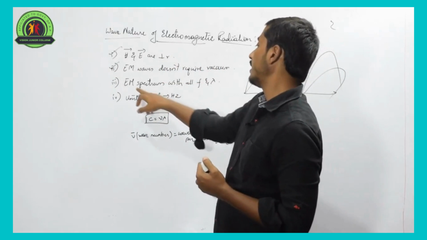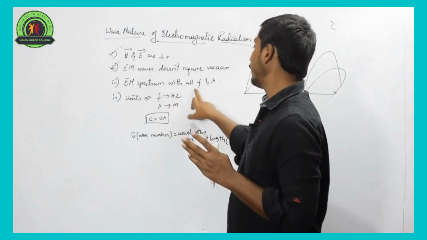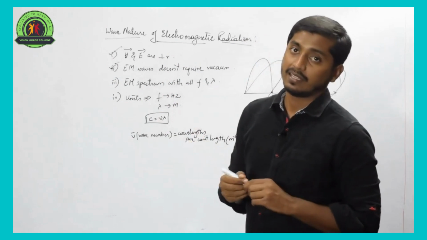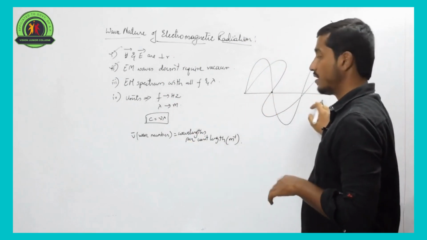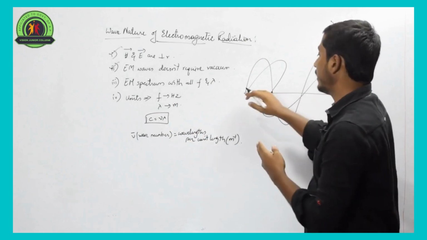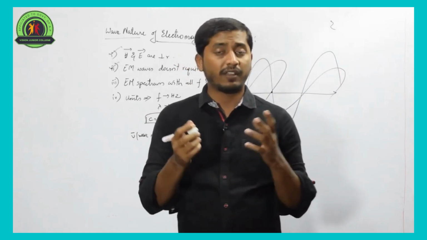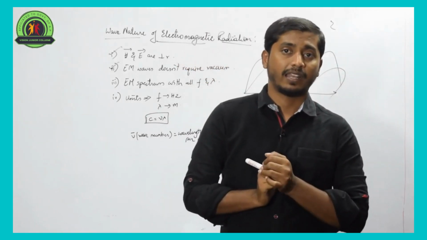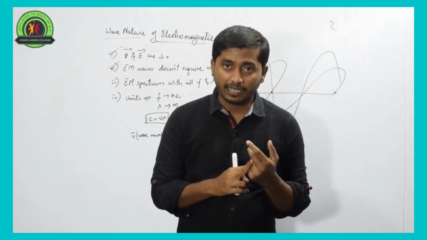And one more thing: he explains the electromagnetic spectrum completely with respect to frequencies and wavelengths. We have different frequencies of signals, whether it is a radio signal or a video signal.